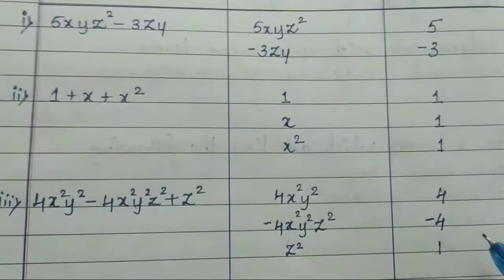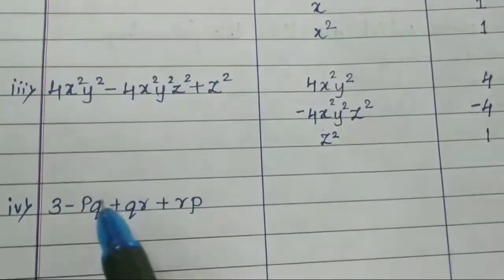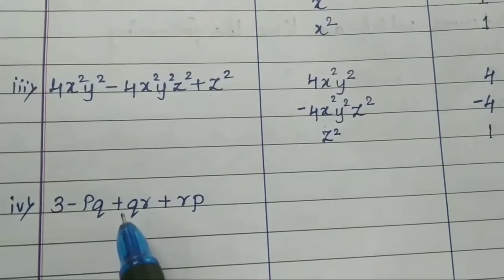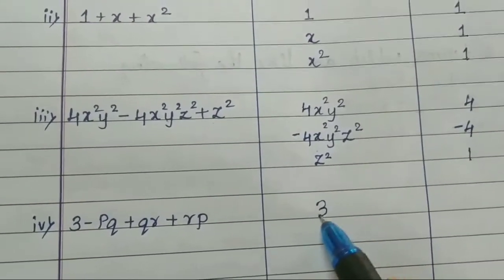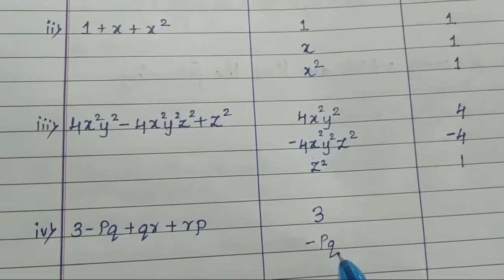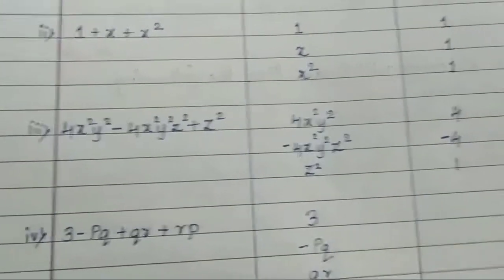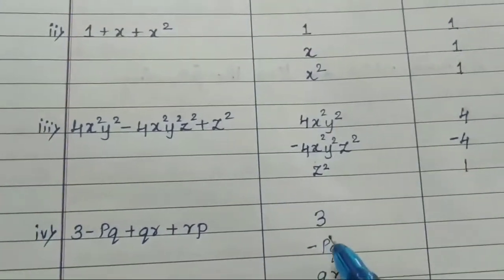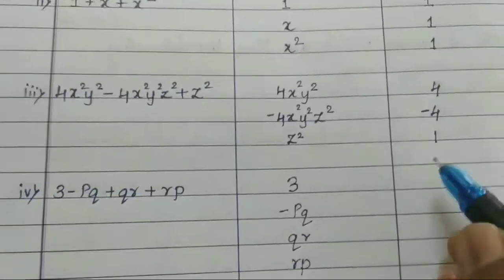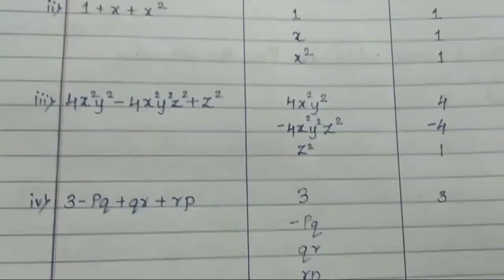1 as the coefficient. Okay, so moving to the next question, 3 minus pq plus qr plus rp. So here the terms are 3, minus pq, qr and rp. Okay, as you can see here the coefficient of the first will be 3.